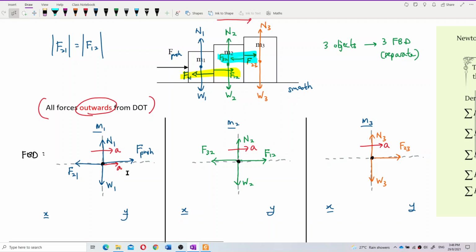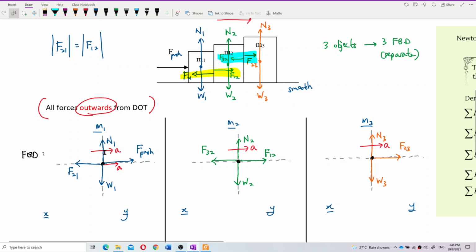I repeat, acceleration is not a force. Acceleration is just acceleration. Only forces are allowed to be drawn from the dot, like the pushing force, normal force, weight, and contact force F21. All these are forces that are allowed to be drawn on the dot. Acceleration is not a force, so it is not allowed to be drawn on the dot.